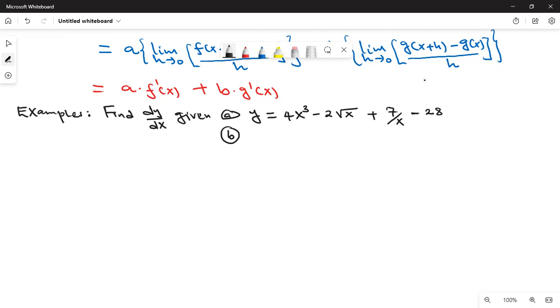So let's say you're given that y is equal to 4 over root x plus, let's say minus, we cannot use a plus, let's say it is minus 1 over x cubed.